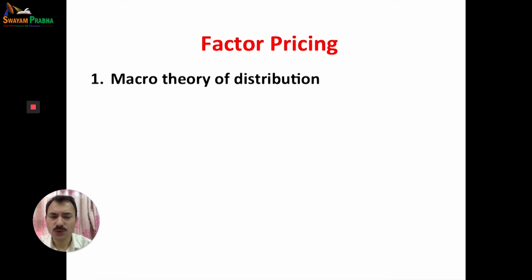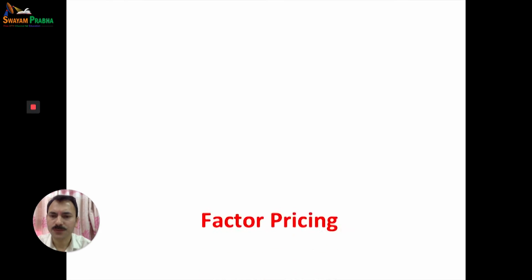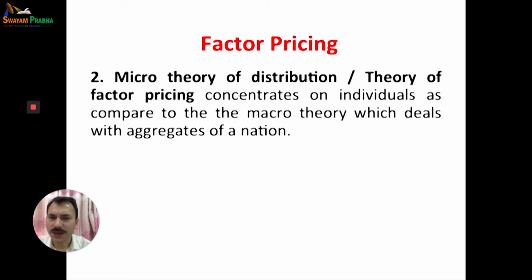Macro theory of distribution deals with the distribution of national income among the factors of production. National income is the macro concept, whereas individual is the micro. Micro theory of distribution, or factor pricing, concentrates on the individual as compared to the macro theory, which deals with the aggregate of national income.